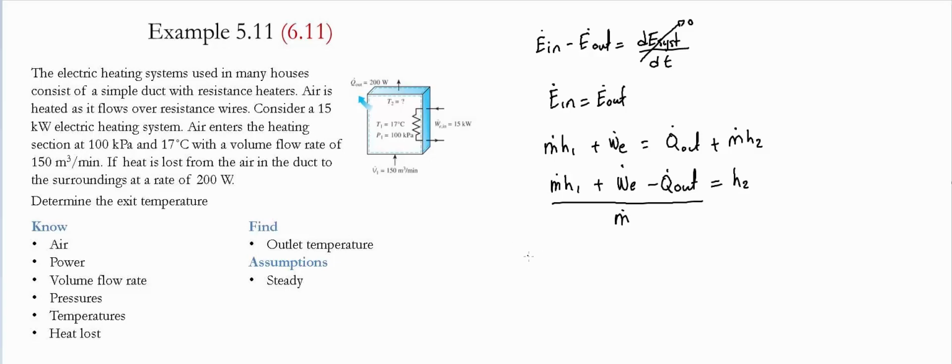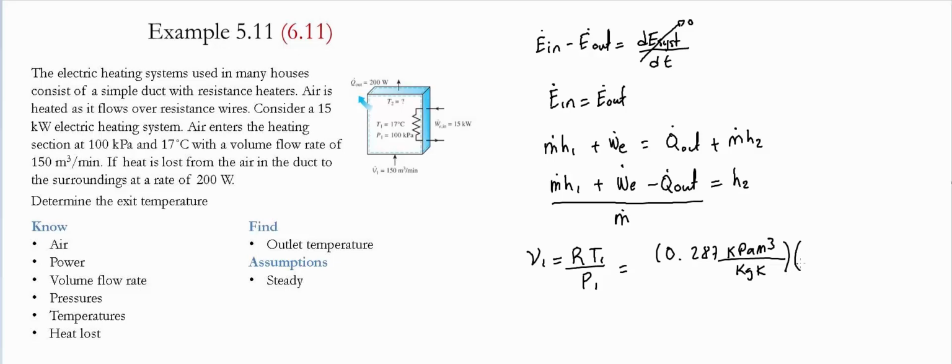To find the specific volume, we're going to use the ideal gas law for air. The specific volume at the entrance is the air constant times the temperature at the entrance divided by the pressure at the entrance. The constant for air is 0.287 kilopascal meter cubed per kilogram Kelvin.